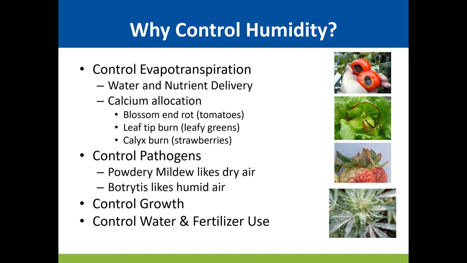And we see this pop up in almost all of our plants. I think I have 3 of them covered of the crops that are represented here today. Blossom end rot in tomatoes. This is a calcium deficiency frequently caused by evapotranspiration.